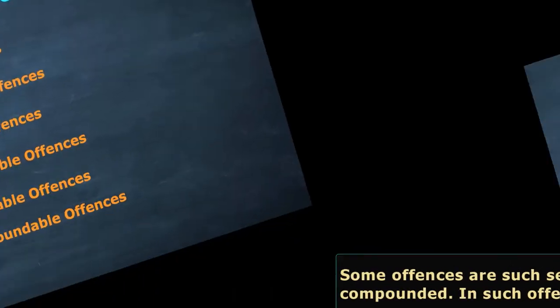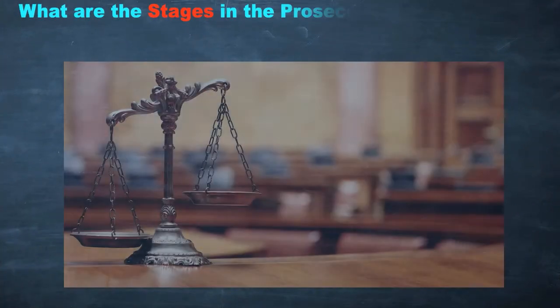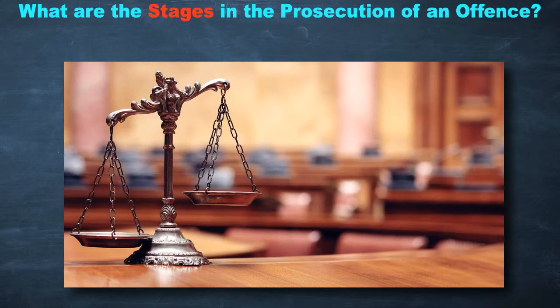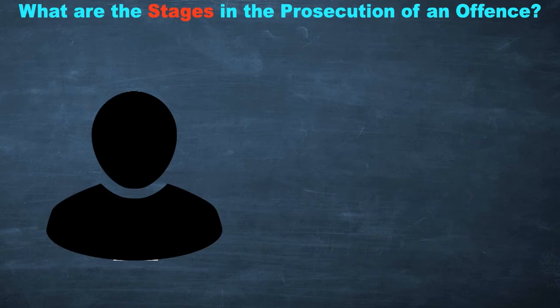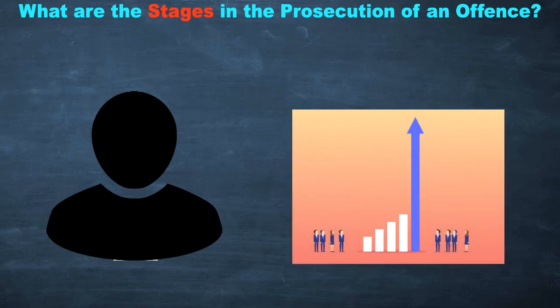Now, the next point of our topic is stages in the prosecution of an offense. So, it means that when prosecution of a person or accused starts, what are the stages? That we will discuss in this topic.